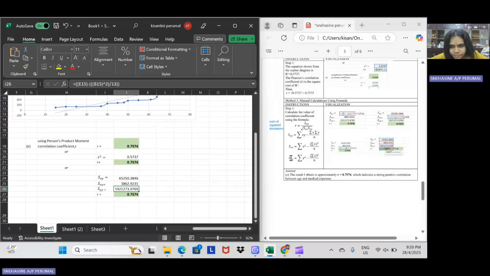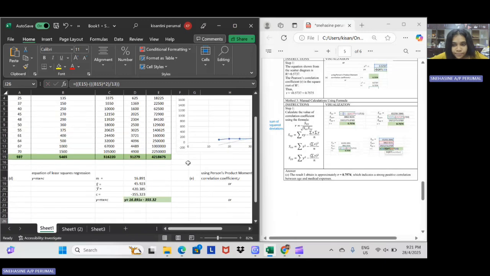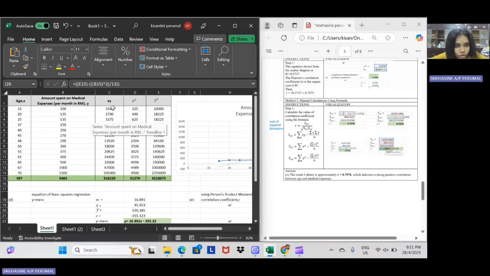After that, for Syy, it is the same as how we did the sum of squared deviation, but that one we used X, now we are going to use Y. So Y means Y squared. You can see whether it's inside or outside the bracket.